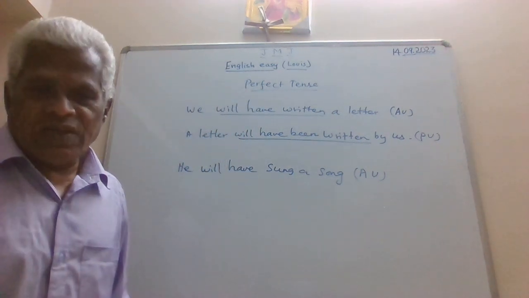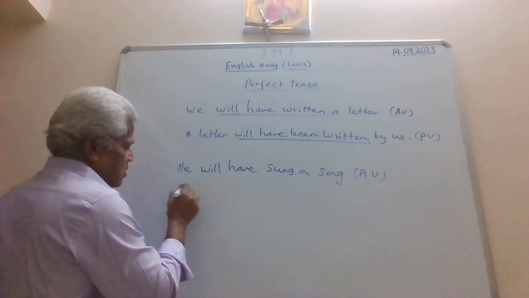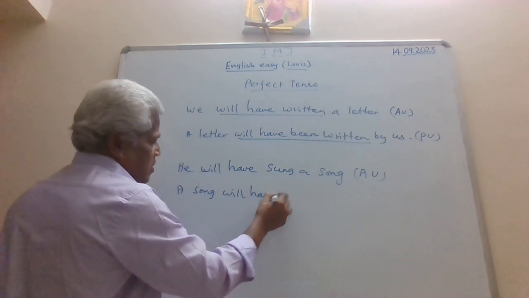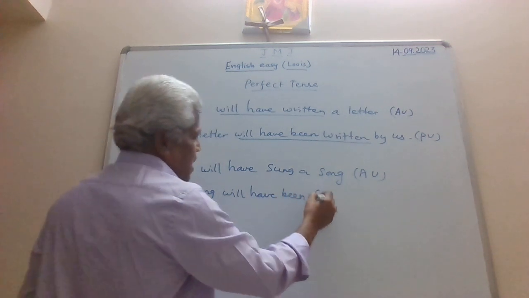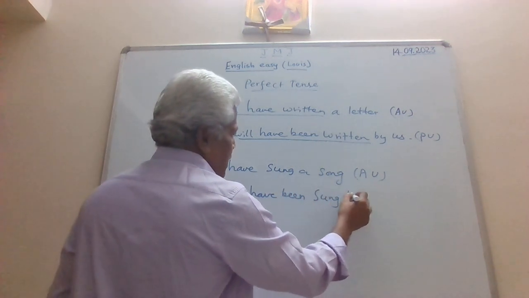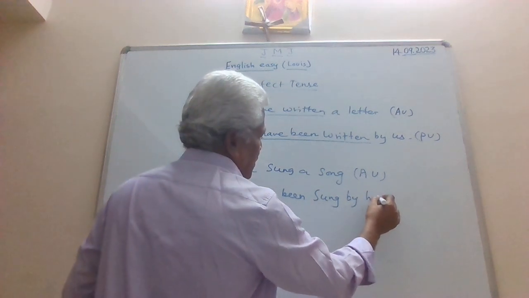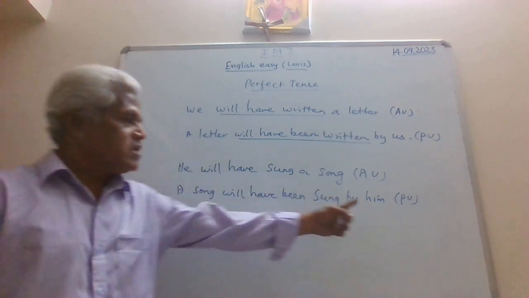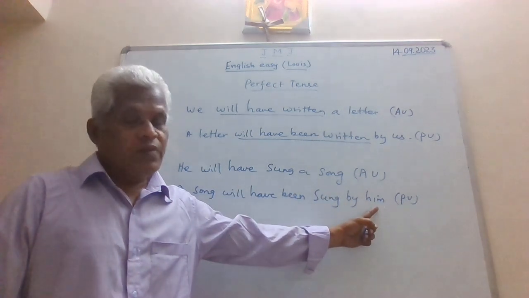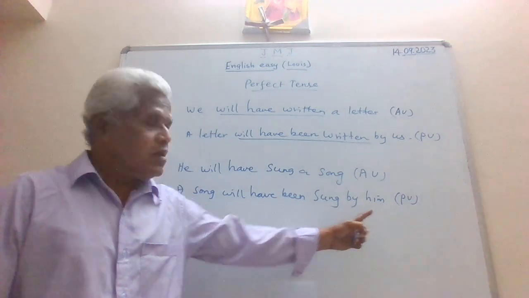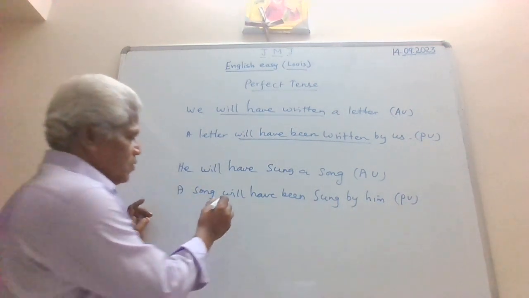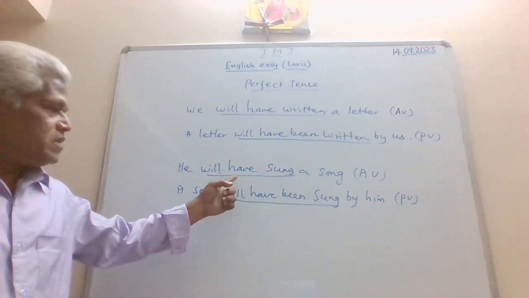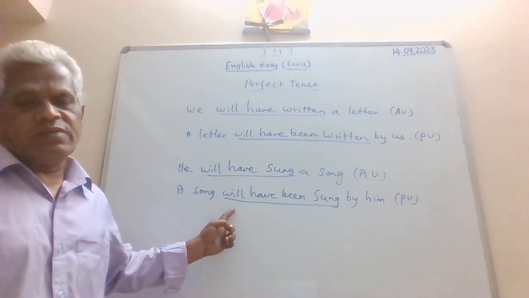So how will you write this in passive voice now? A song will have been sung by him. So he becomes him here, objective pronoun. So will have sung is active voice and will have been sung is passive voice.